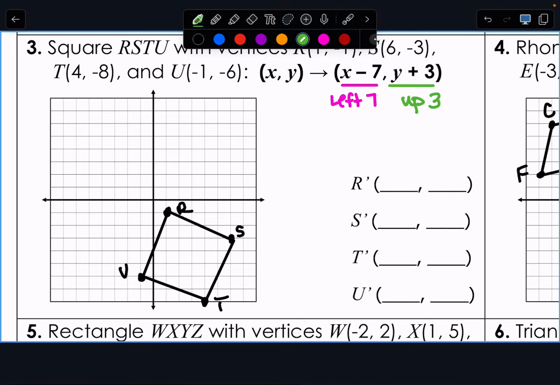So, yes, so that's 1, 2. Looks right to me.